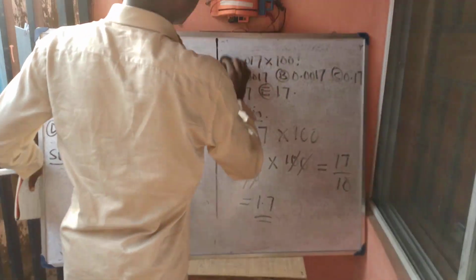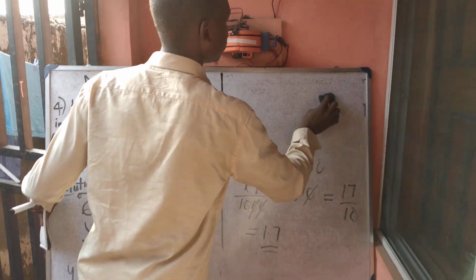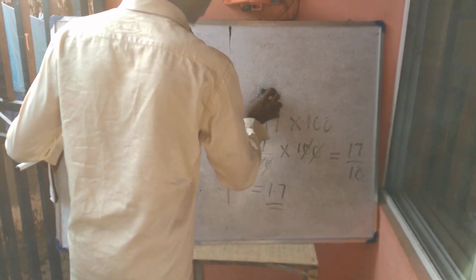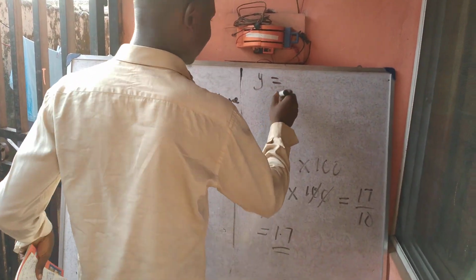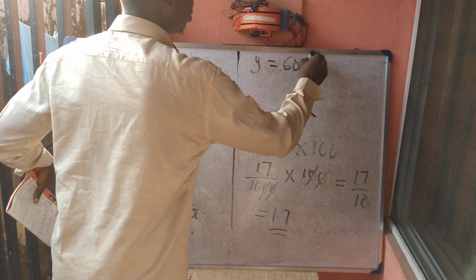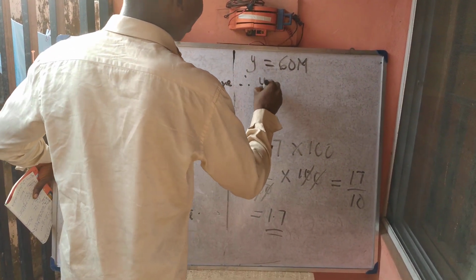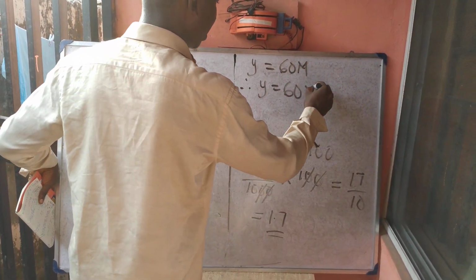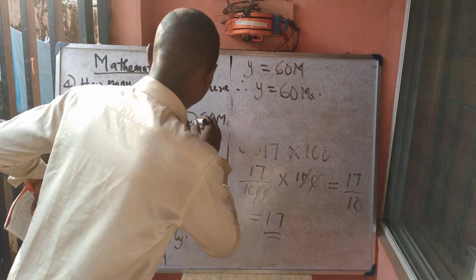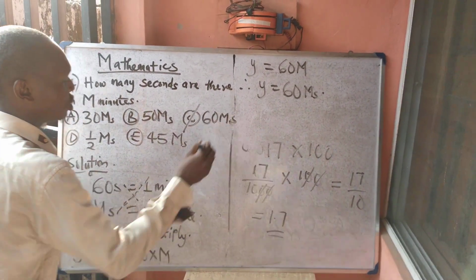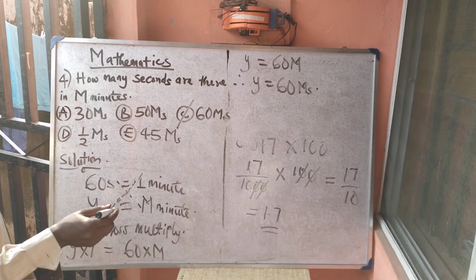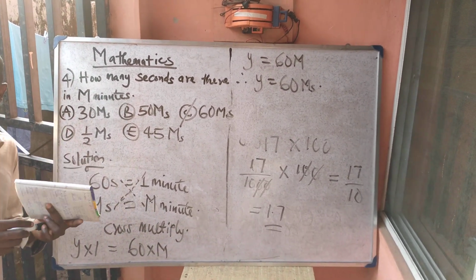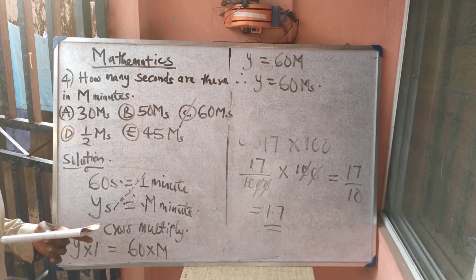So this now becomes y equals 60 times m, which is 60m. So therefore, y is equal to 60m seconds. So the question is, how many seconds are there in m minutes? There are 60m seconds in m minutes.